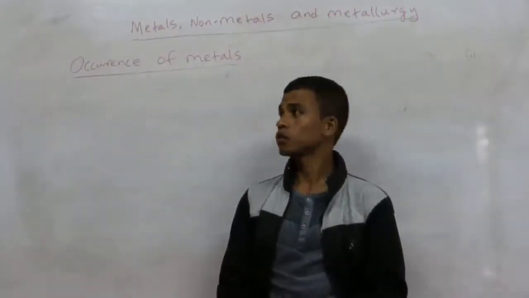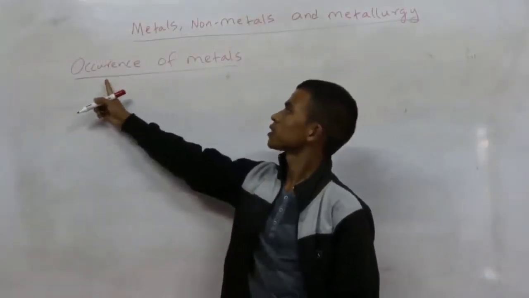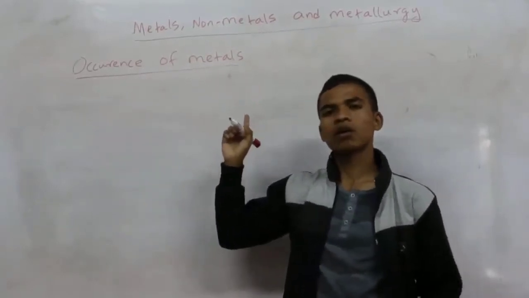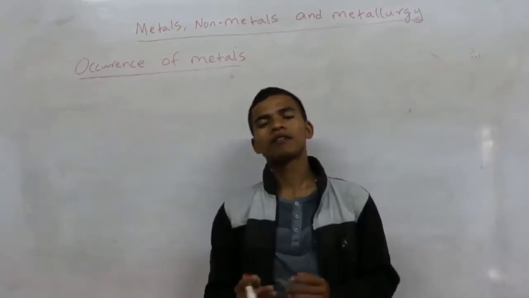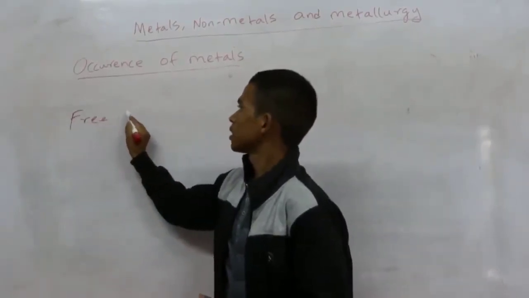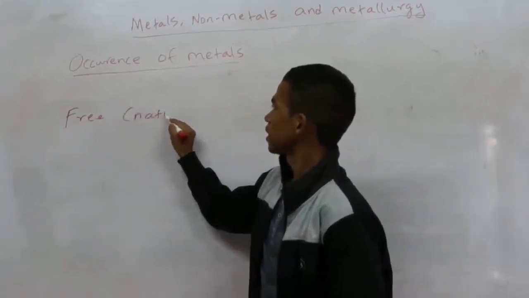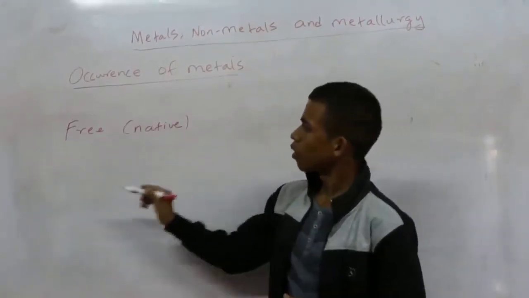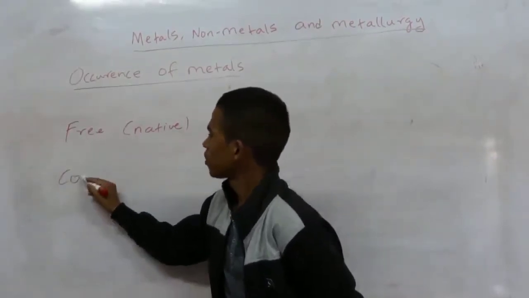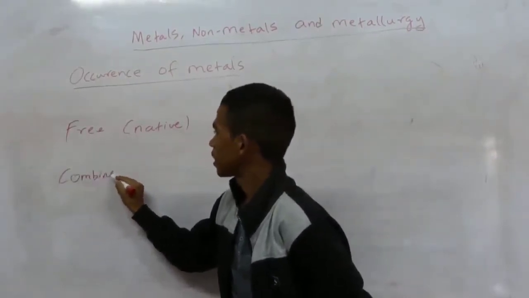Now let us move on to this new topic, which is called the occurrence of metals. Now metals occur in the Earth's crust either in the free state, which is also called the native state, or they also occur in the combined state.